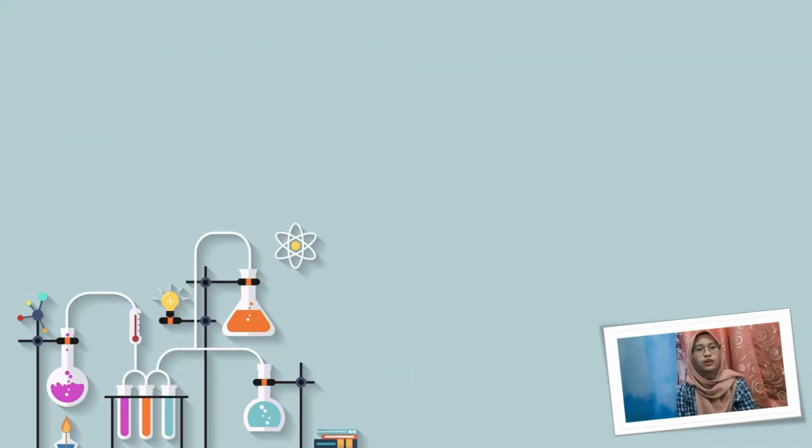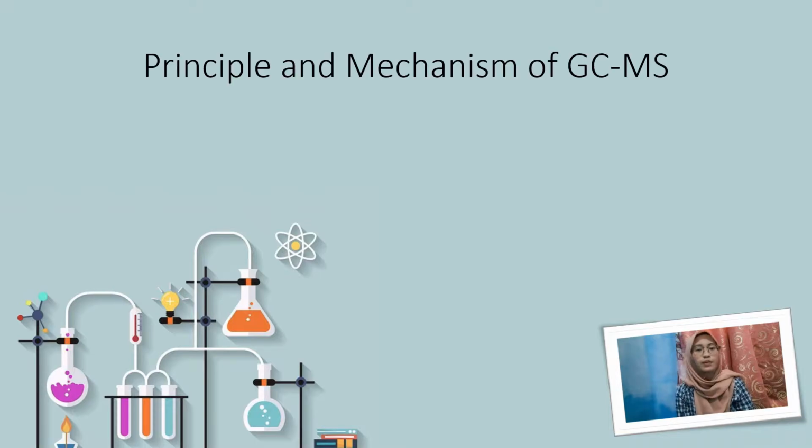Next, we want to discuss more about the mechanism and the principle of gas chromatograph mass spectrometric instruments. There are two major building blocks in this instrument, which is one block for gas chromatograph and the other one for mass spectrometric.